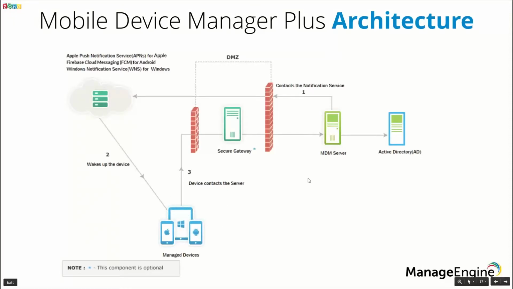In this example, if it is geo tracking, the command will be received by the device once it communicates with the MDM server, processes it, and sends back the coordinates to the MDM server, which as an admin, I'll be able to see on the map in the console.